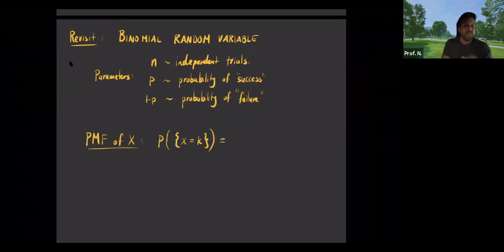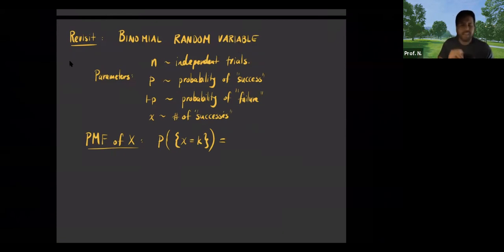K could be anything from 0 through n. Because remember, x represents the number of successes, whatever that means in the context of our problem. So if we have n tries, our number of successes could be 0 out of the n, 1 out of the n, all the way to n out of the n, right?